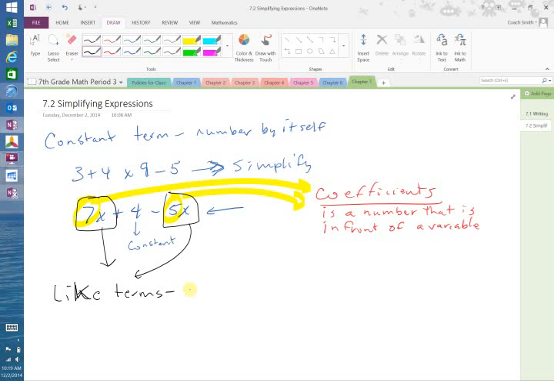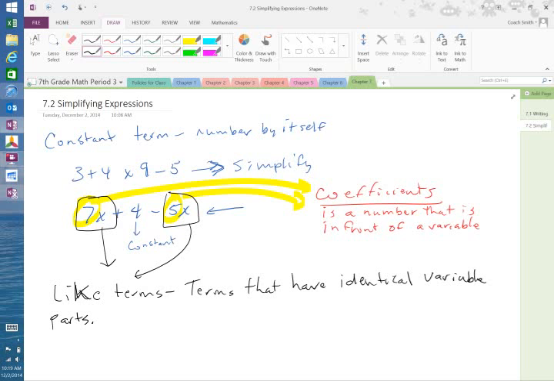Like terms are terms that have identical variable parts.